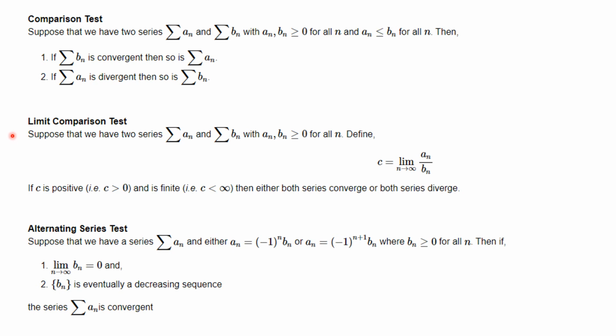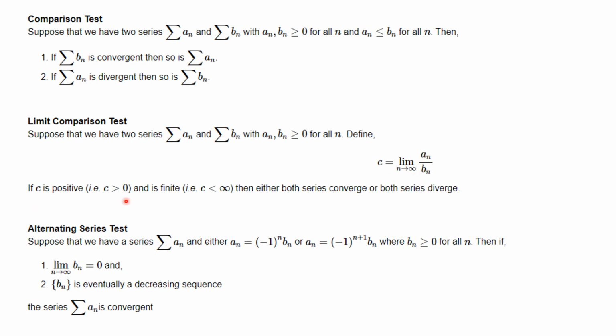We also studied a more sophisticated version of a comparison test called the limit comparison test. Again, suppose we have two series, summation of a_n and summation of b_n, with a_n and b_n bigger than or equal to 0 for all n. Define c to be the limit as n goes to infinity of a_n over b_n.